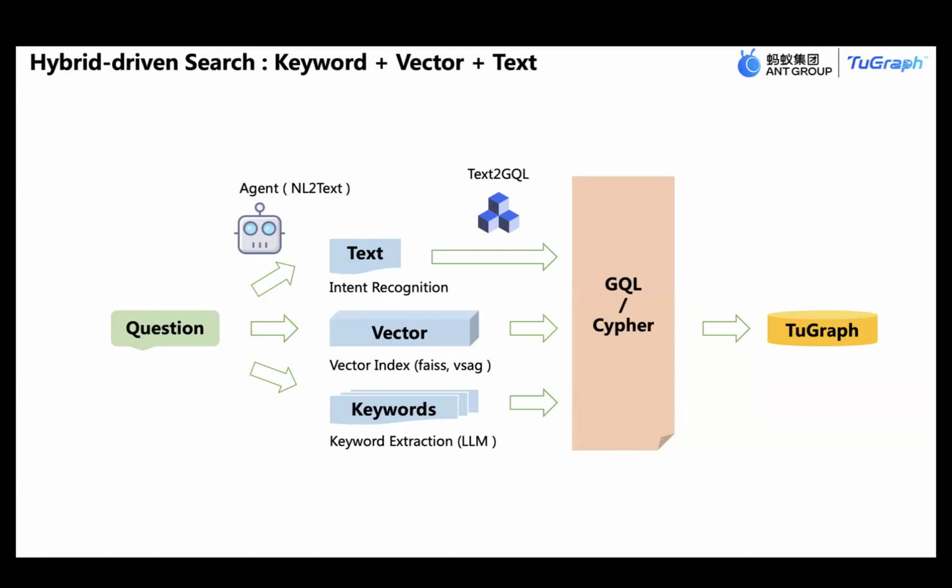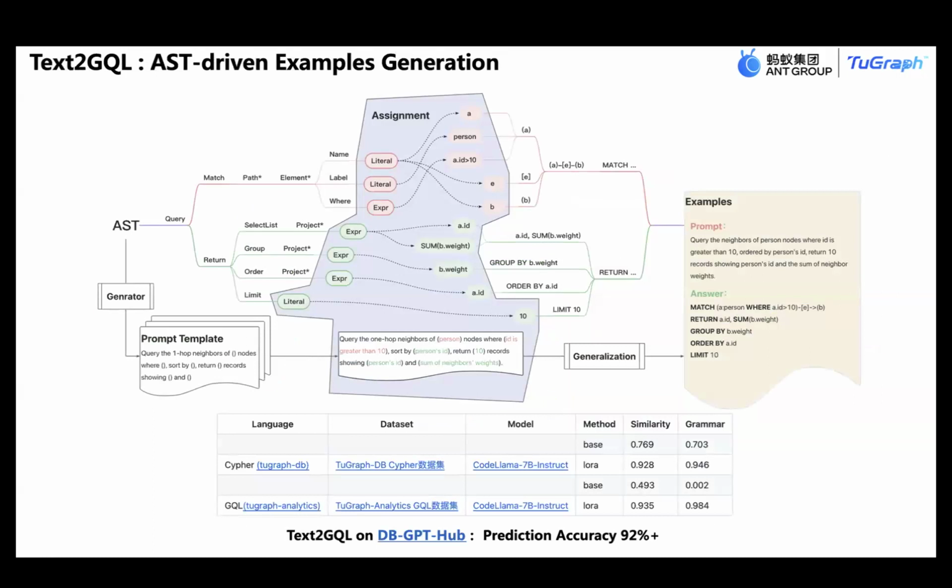So we use the agent to solve the NL2GQL problems. Then using a fine-tuned model to translate the text to GQL is better. So the most difficult part in Text2GQL is the examples, because we don't have so many examples of GQL.